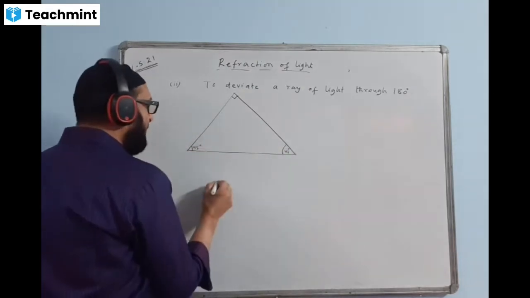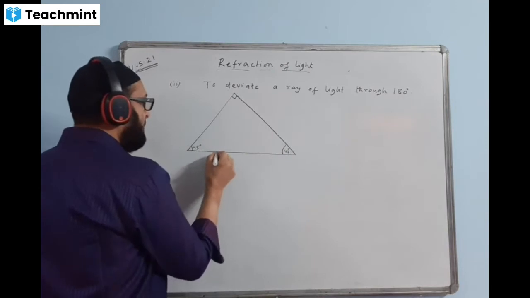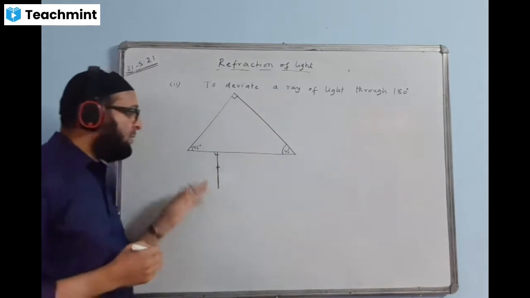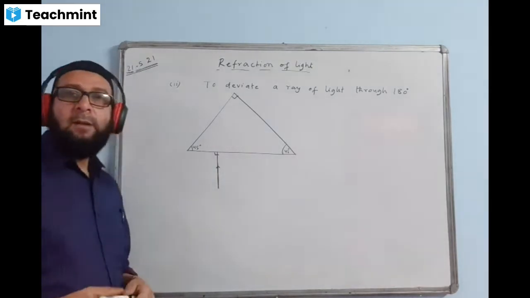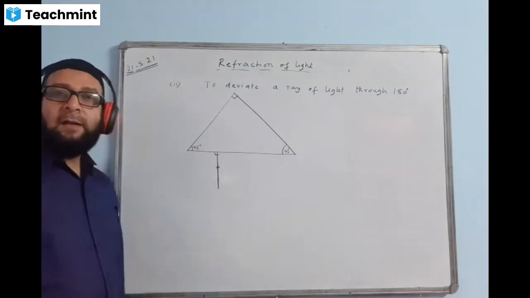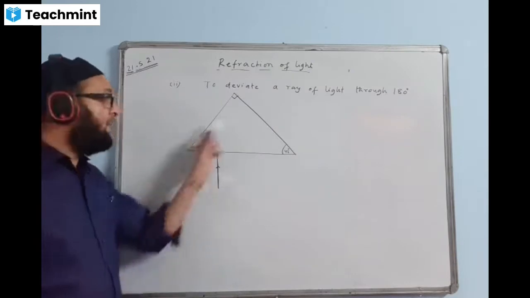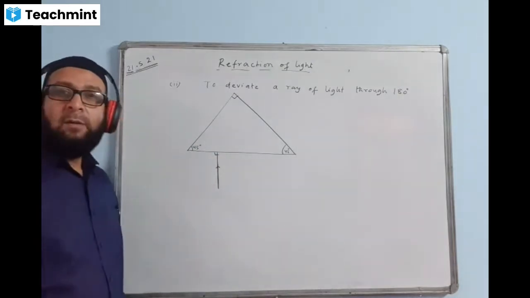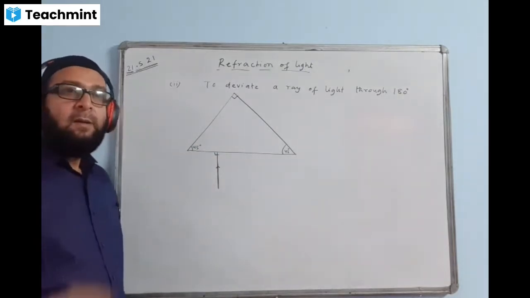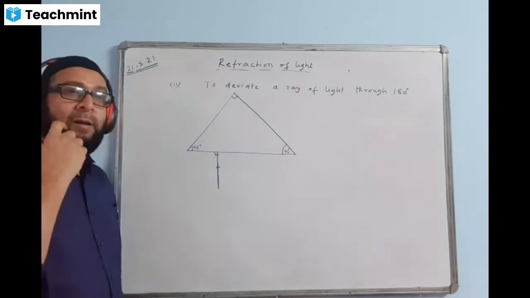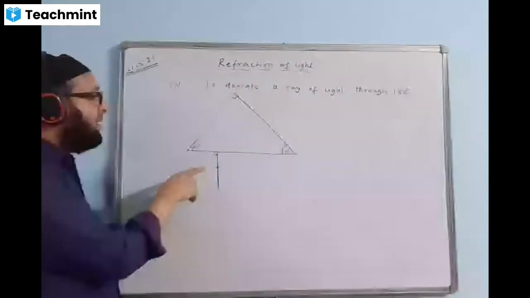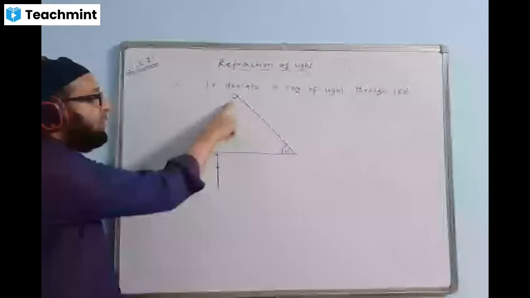And now the ray is shown going this way, normally. The ray is passing this way. How will you complete the diagram? If a question comes, copy and complete this diagram. How will you? Again a U-turn like this only, because the ray is passing through the hypotenuse.